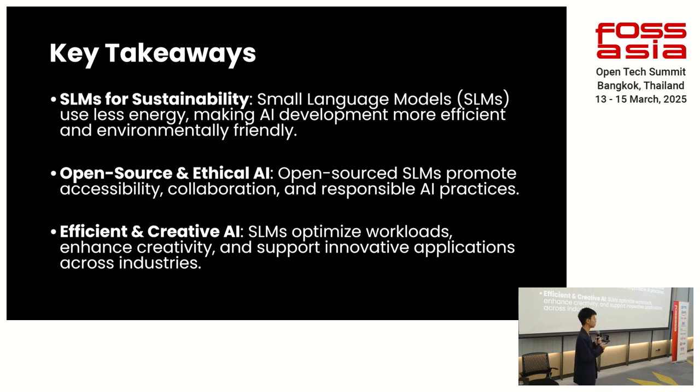And also it's open source and ethical AI, because it brings responsible AI practice and promotes accessibility and collaboration. And the last one is efficient and creative AI, so you can optimize the workload and also enhance creativity. It also supports innovative applications across industries.